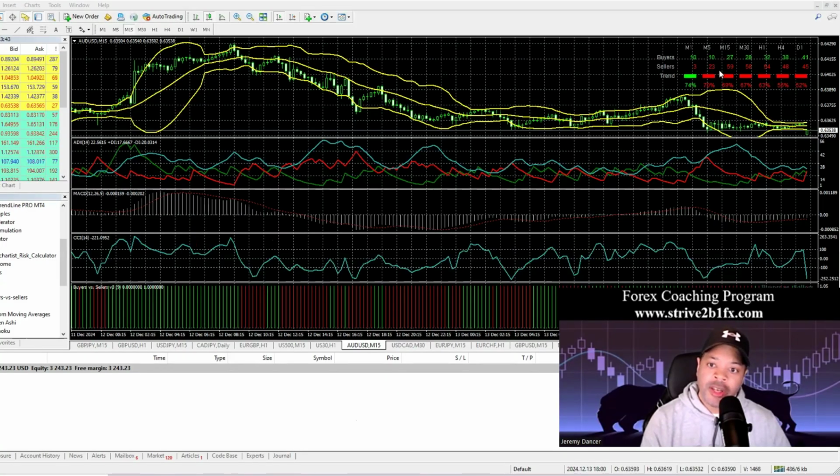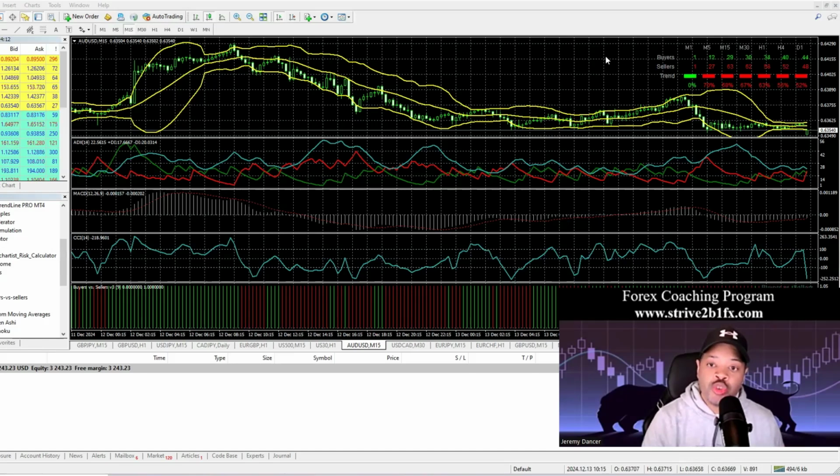It's a little bit more advanced and technical using footprint charts, but they are essentially telling you the exact same thing as this indicator. This indicator tells you the buyers and sellers in each time frame as well. So you don't have to scroll through the different time frames up here to see them. You can just see it right here.